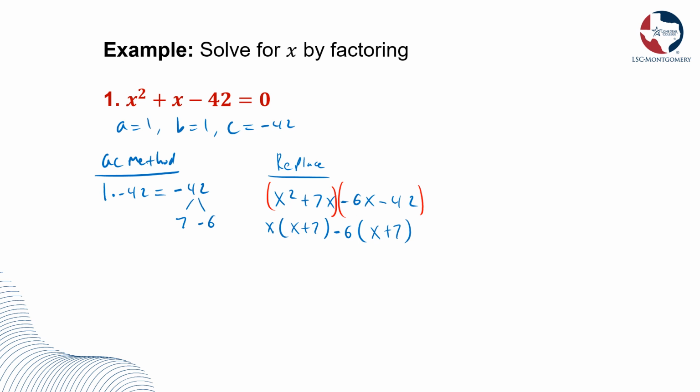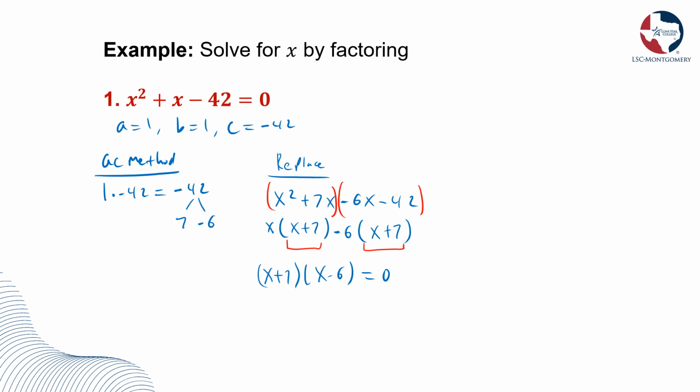So when you're factoring by grouping here, you want to make sure that the two parentheses are the same. So now that they are the same, we can factor out that common x plus 7, which gives us the remaining x minus 6. And we group those two up, and that's equal to 0.